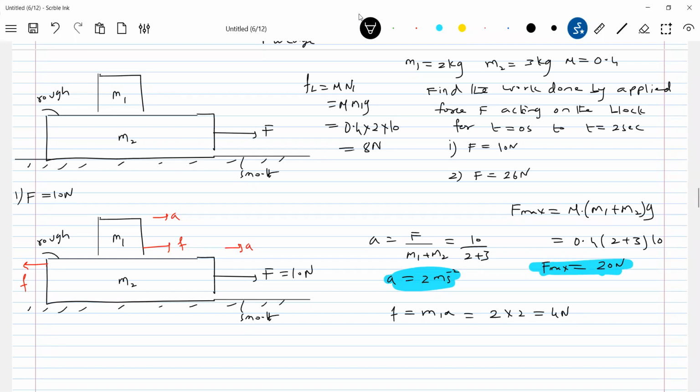But how much did we get? Less than limiting. So what can you conclude here? No slipping occurs between the blocks. This is the first basic idea. So let's bring the concept of two frames. One person P, another person, let it be Q.